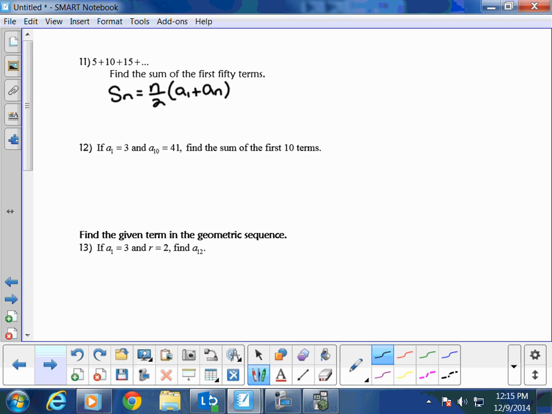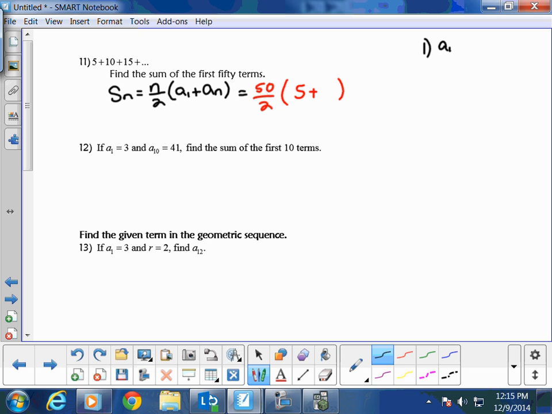Now in this case, I know a couple of things already. I have 50 divided by 2. A sub 1 has been given, 5, but I do not know what A sub n is. So I'm going to have to use my 3 steps to get that answer.